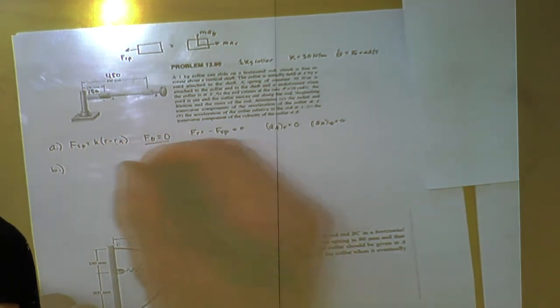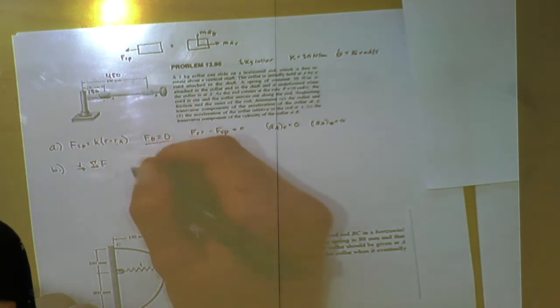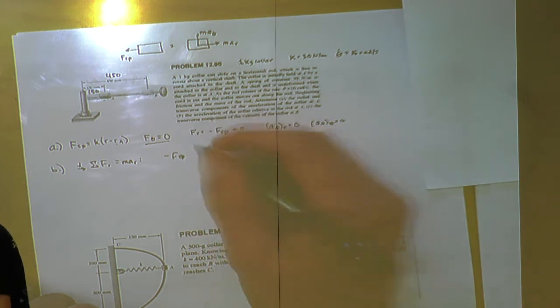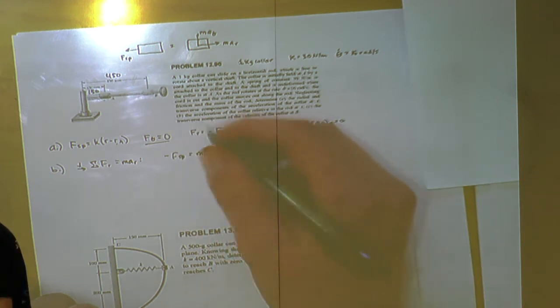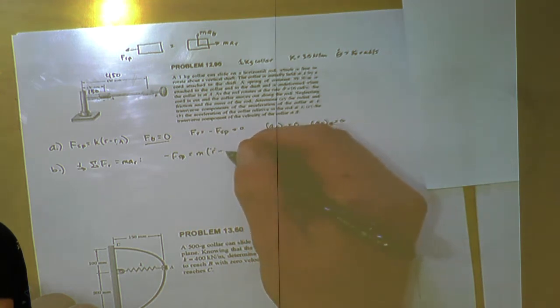B, the sum of the forces in the radial direction is equal to the mass times the acceleration in the radial direction. So we have negative spring force equal to the mass times (r double dot minus r theta dot squared).